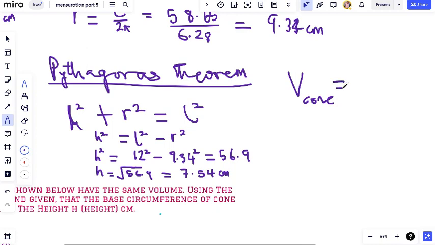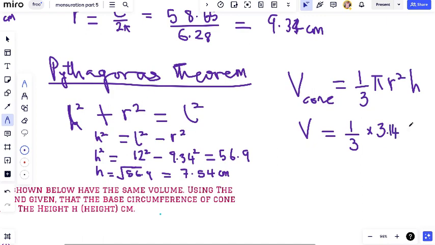is equal to 1 over 3, like we stated before in the formula, 1 over 3 pi r squared h. So we just substitute everything we need, we have it. Volume of cone is equal to 1 over 3 times pi, which is 3.14, or 22 over 7, times the radius.